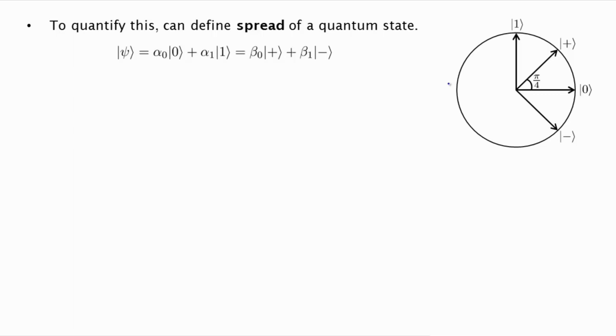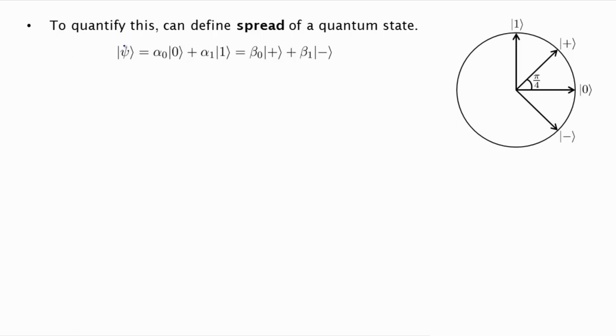Okay, so what we can do is define a measure of how inaccurately we know the bit value and how inaccurately we know the sign value.